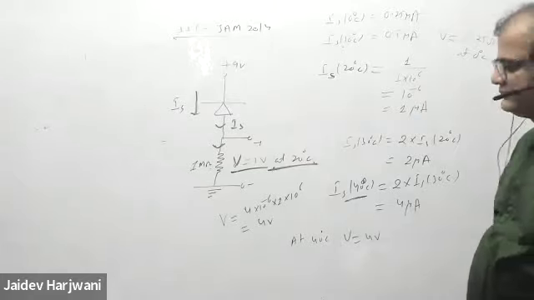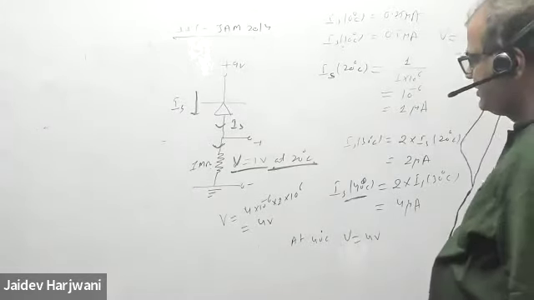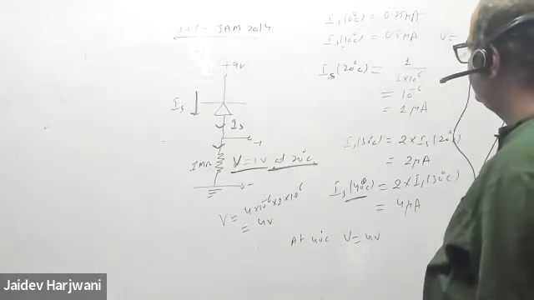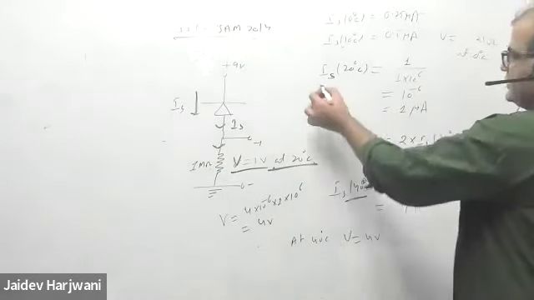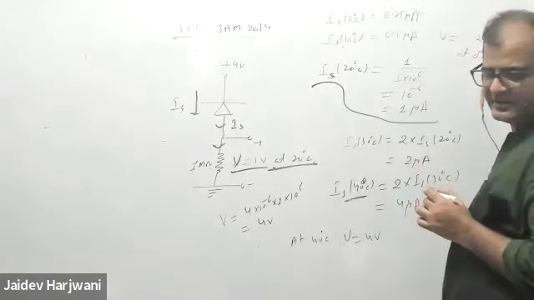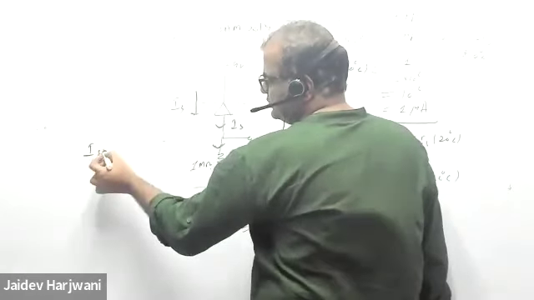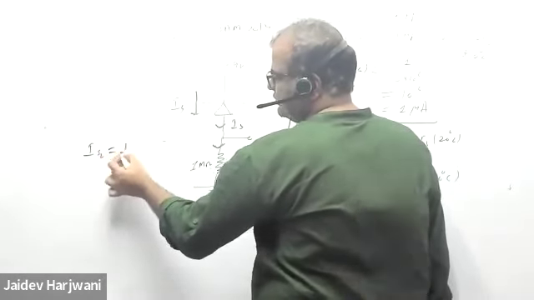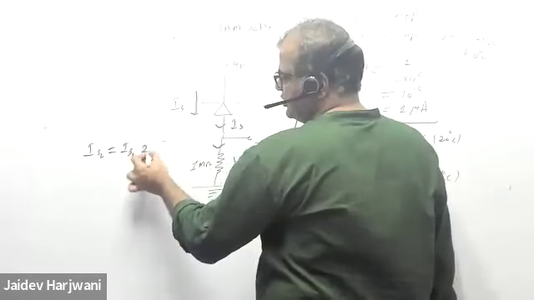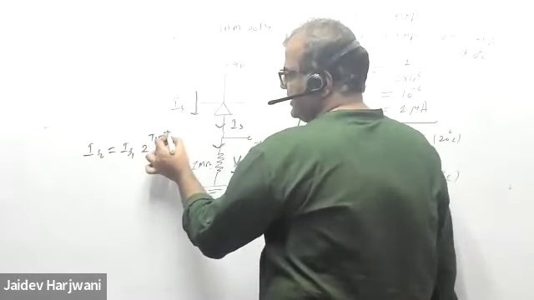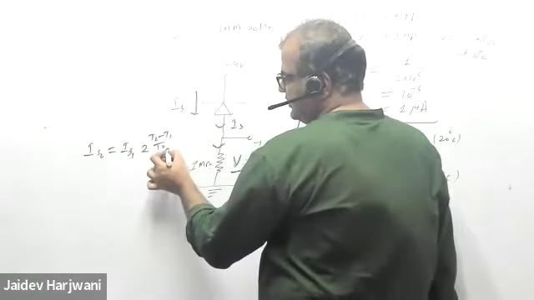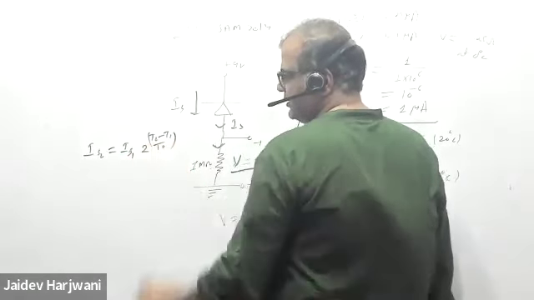Sir, that is fine. My confusion is about that 2 times IS will rise when there is a 10 degree rise. So this formula we have discussed in the class, na? That IS2 is equal to IS1 times 2 to the power (T2 minus T1) divided by 10.